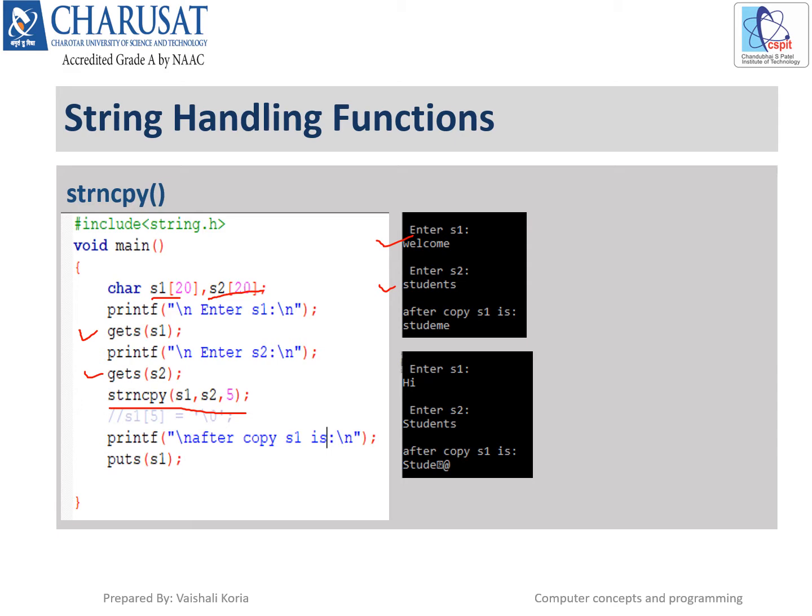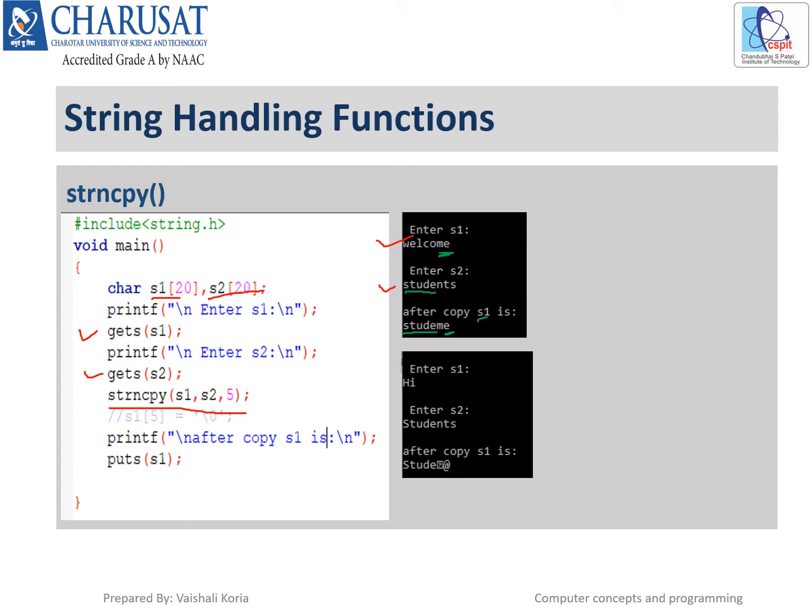Okay, so you can see in this output that the first 5 characters of s2, "stude", are copied to s1. So you can see the changed value of s1 here, "stude". These are the first 5 characters of s2, and the remaining characters of s1 are the same.